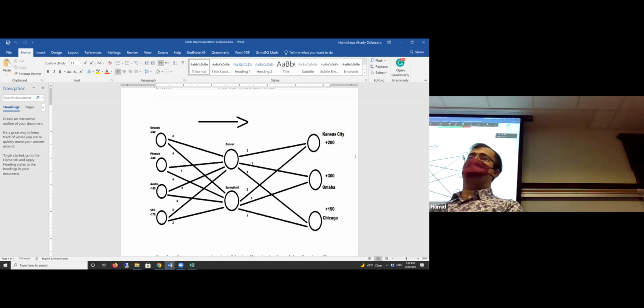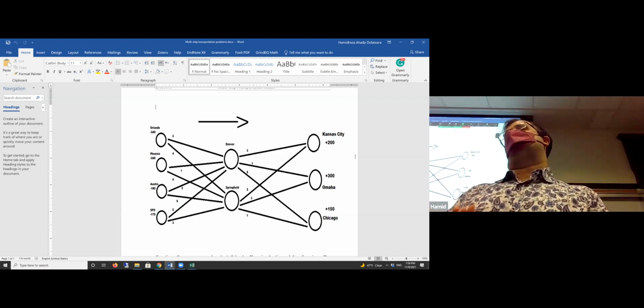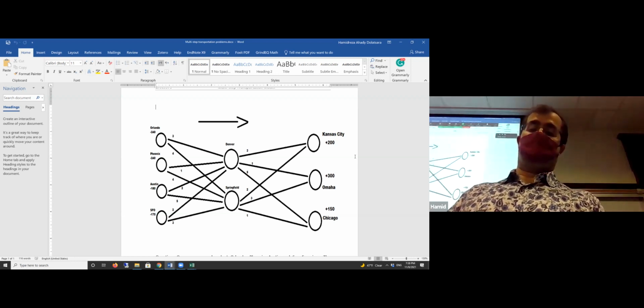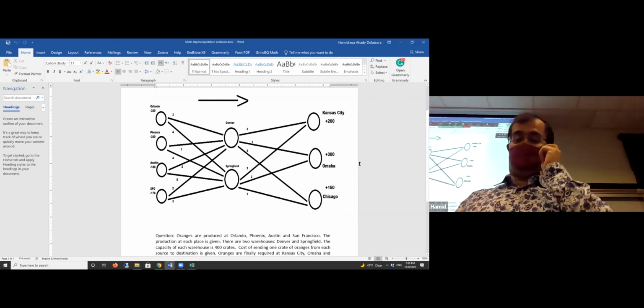We have 4 production points, 2 warehouses, and 3 demand points or customer points. You have costs associated with each link from origin to warehouse to destination. Basically your constraint is on how much you can produce and how much you should consume. Also, we have a warehouse capacity too.